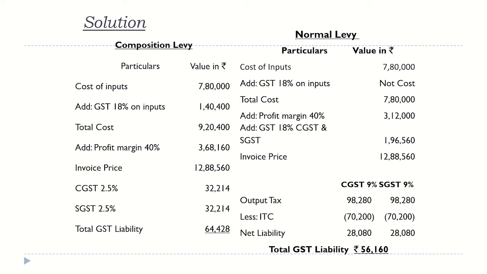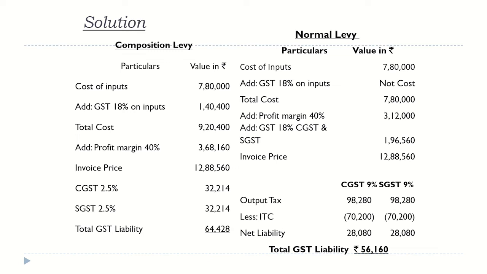It is the same in case of both normal levy and composition levy. The only difference under normal levy is that you are liable to pay an output tax of 98,280 of CGST and 98,280 of SGST, but you are eligible to claim the input tax paid on inputs equivalent to 1,40,400, that is 70,200 each of CGST and SGST.